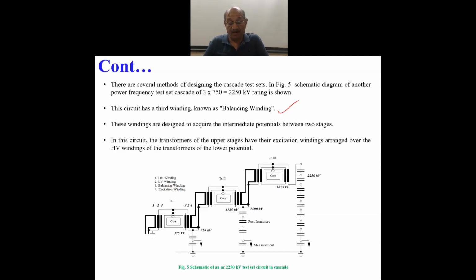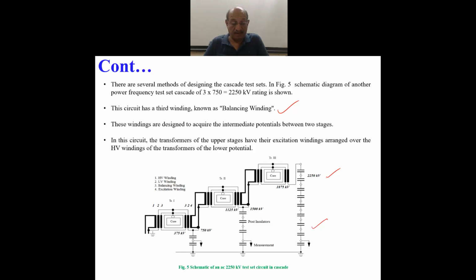This is another way of producing cascaded transformers. And here, as you can see, 2250 kV is the output voltage of the last stage, and such very high voltage requires very high insulator blocks from the ground.